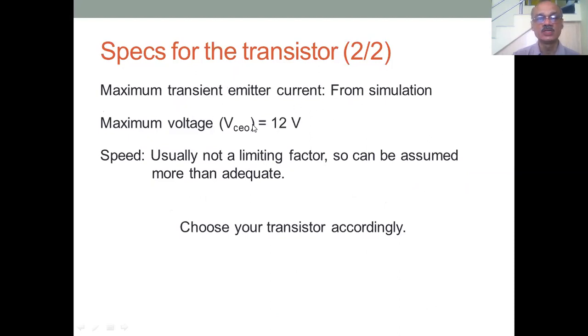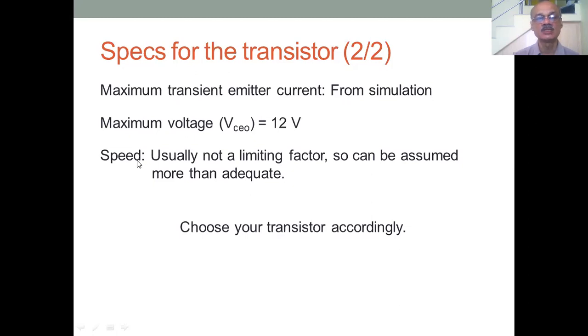The highest voltage across the collector emitter terminals of the bipolar transistor is of course 12 volts. This is often referred to as VCEO in transistor data sheets. So you want to find a transistor that can carry a few amperes of current, with a maximum collector emitter voltage of 12 volts.